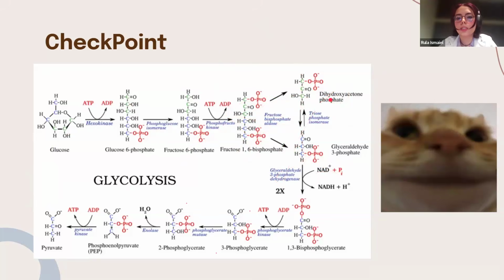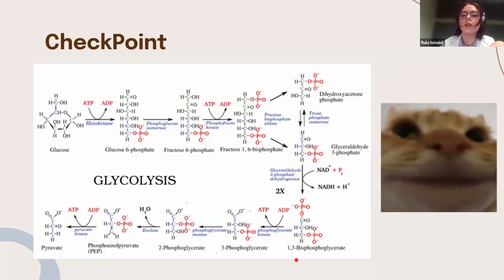However, for dihydroxyacetone phosphate, there isn't, so it won't just exist in the cell and accumulate and cause toxic side effects. Instead, it will be isomerized, and an isomerase just changes the arrangement of a molecule, and it becomes glyceraldehyde 3-phosphate.